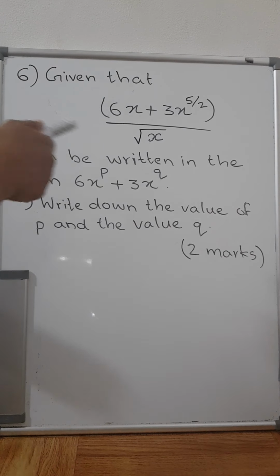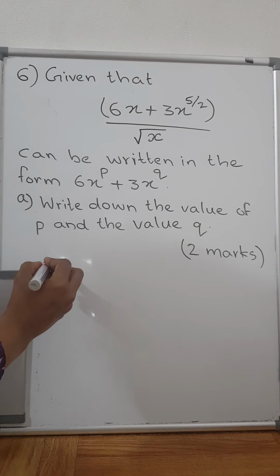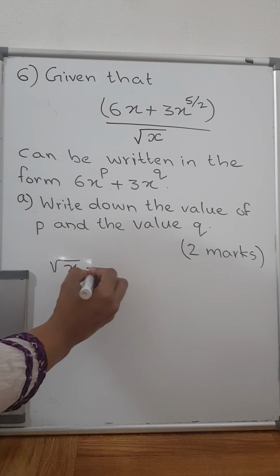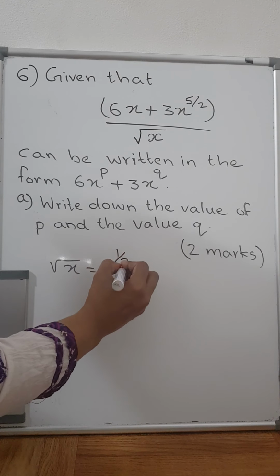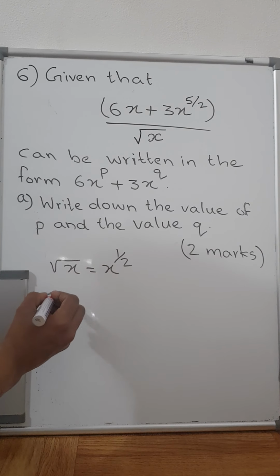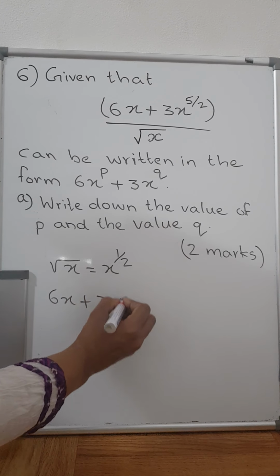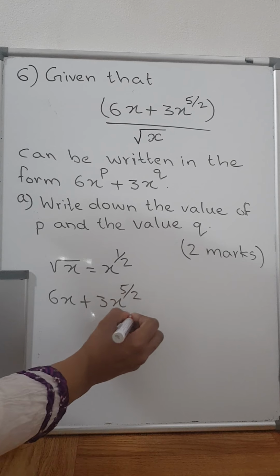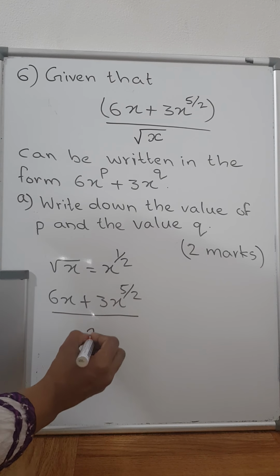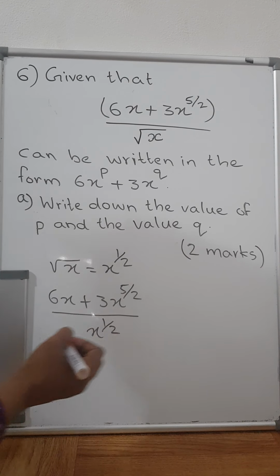You see, we know that root x is equal to x to the power 1 by 2. So 6x plus 3x to the power 5 by 2 divided by root x can be written like this.